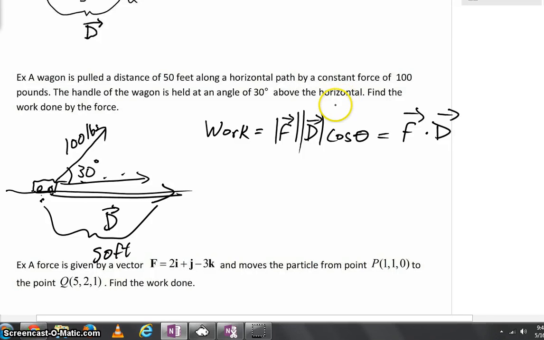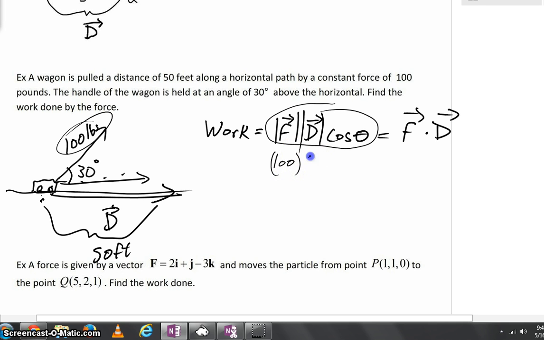Well, we always have a choice. Either we're going to use the magnitude of F, magnitude of D, cosine of theta formula, or we'll use the actual dot product. When I'm looking here to find work done, I'm going to notice that I've got force of 100.